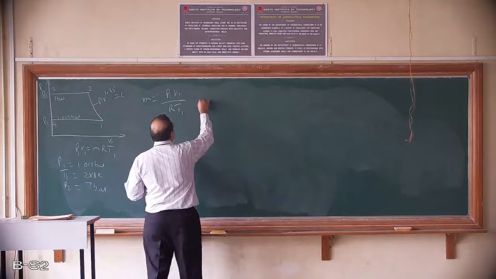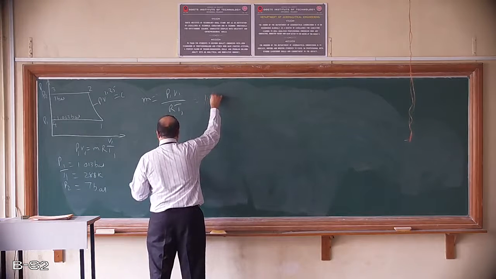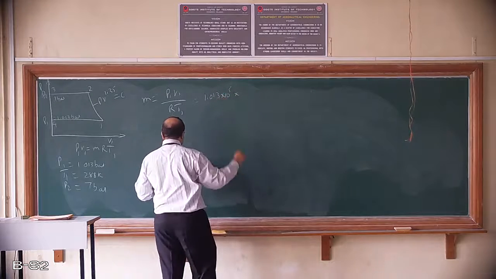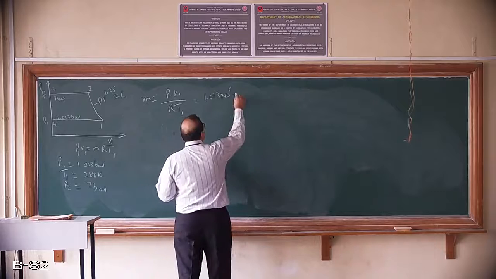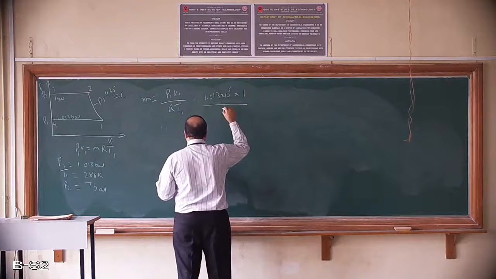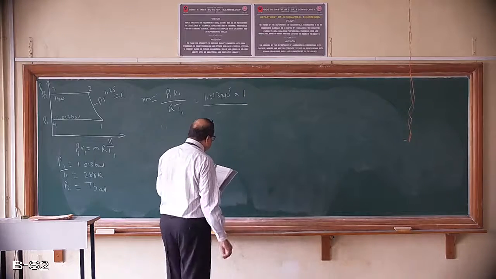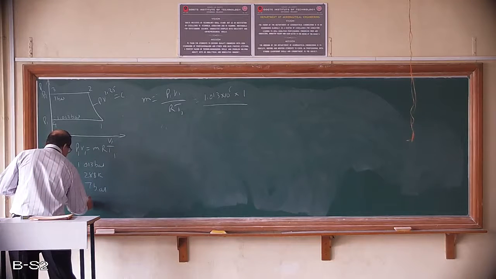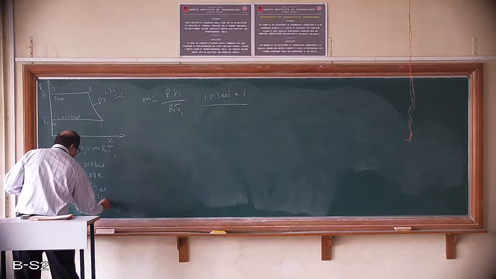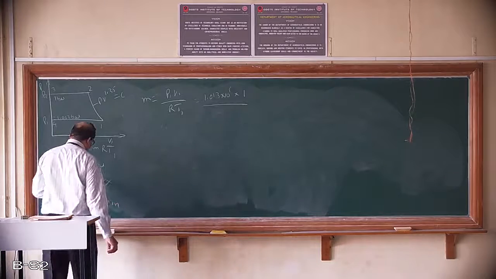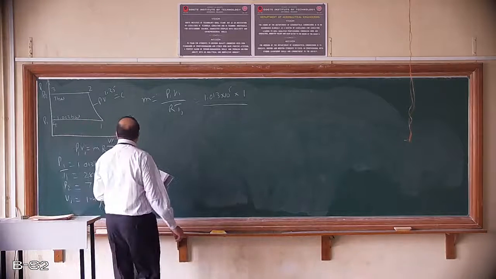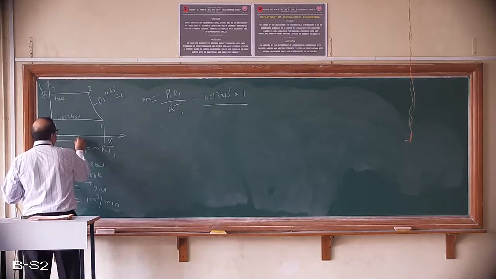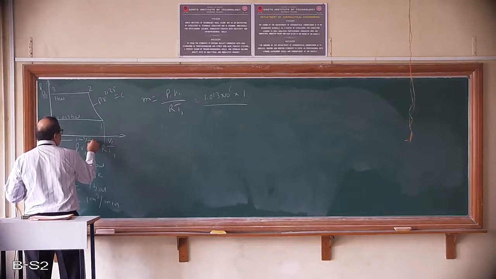Mass is what? P1 V1 is equal to mRT1. So P1 is 1.013 into 10 raised to 5 into V1. In fact, V1 is also given. So V1 is given as 1 meter cube per minute.